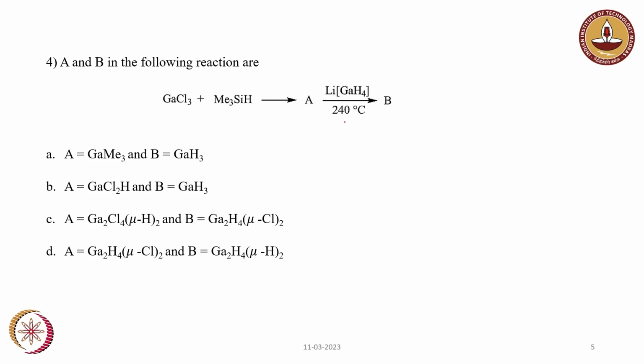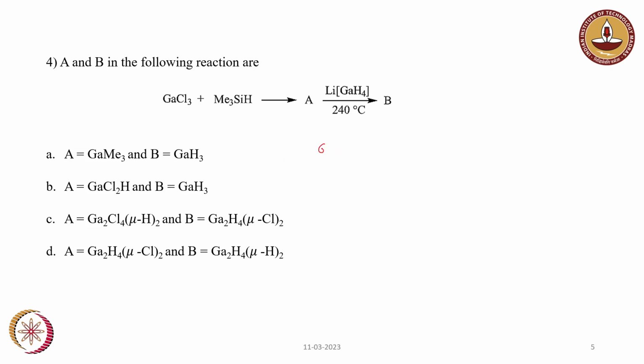So this one is a synthesis method for digallane, and when we treat GaCl3 with Me3SiH, first it will form a hydrogenated gallane with chlorine on bridging.